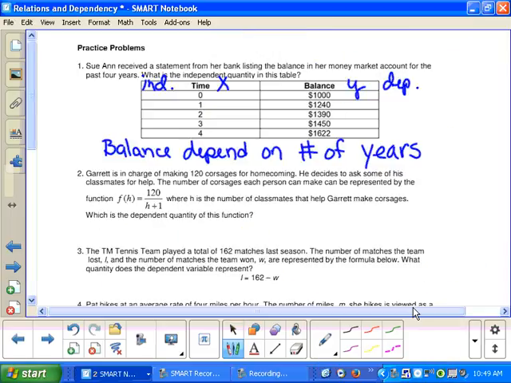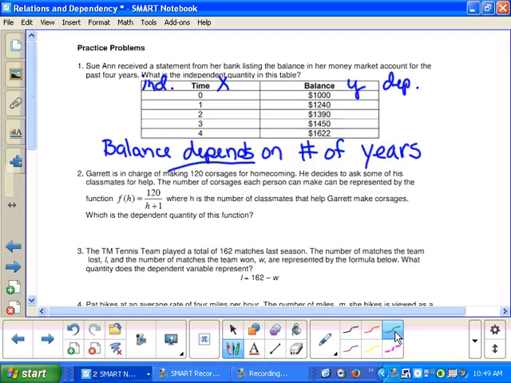So when we label it, we want to say, first column is X, comes first. Second column is Y. Whatever the second column is, our balance depends on how many years that account has been there. And we think about it every time.